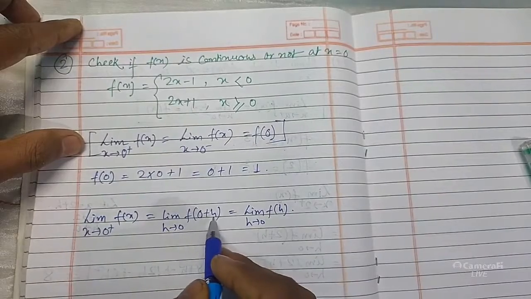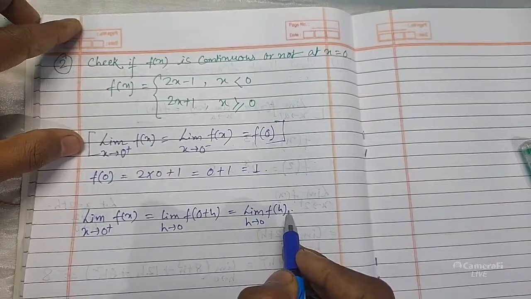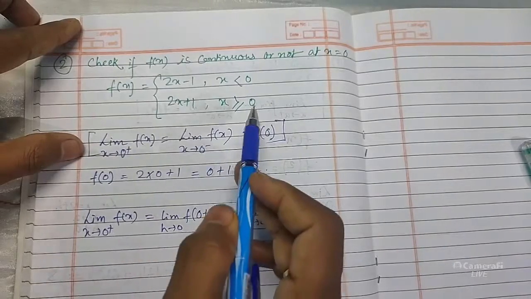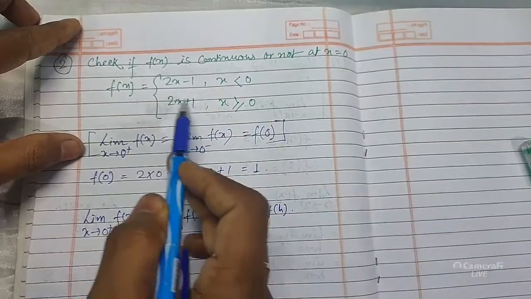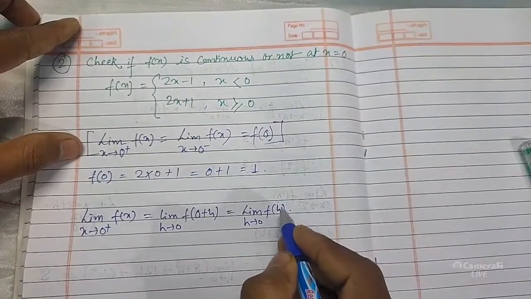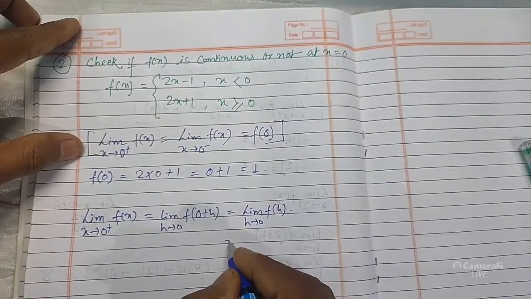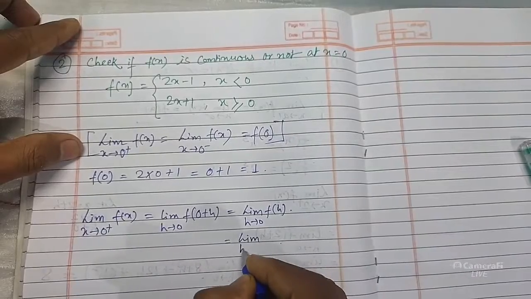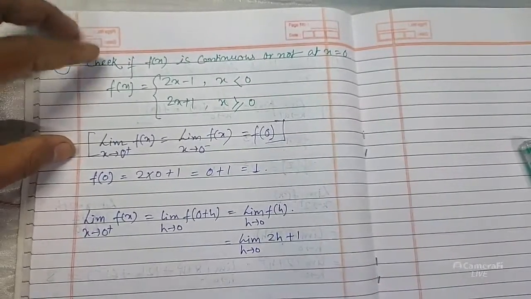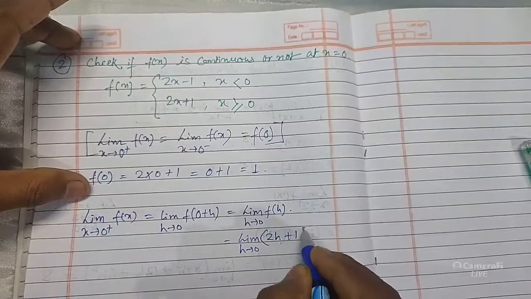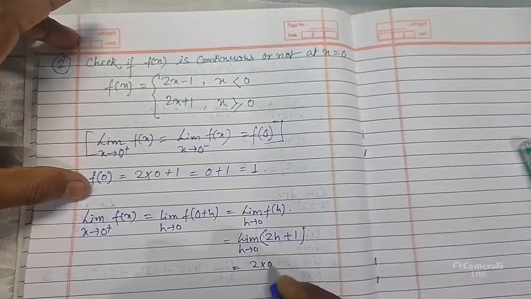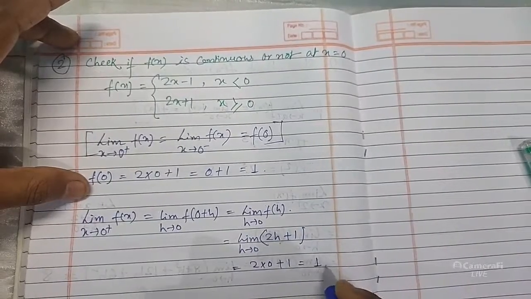Now f of 0 plus h means f of h. Now check when x is greater than 0. 0 plus means greater than 0. Which value will I take? This value, 2x plus 1. So in the place of x, h is there. So this equals the limit as h tends to 0 of 2h plus 1. Now if h equals 0, if we put it here, we have 2 into 0 plus 1, that is 1.